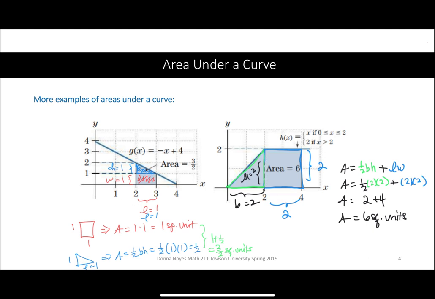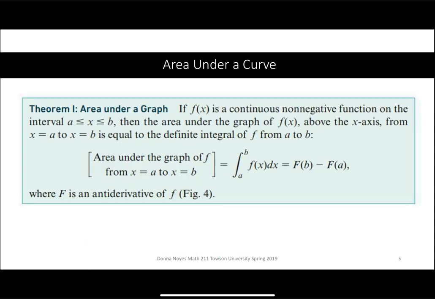And at this point, you're probably wondering why we're looking at areas of rectangles, areas of triangles. What is it we're trying to do? Well, that's what we're going to look at on the next slide. We have a theorem about the area under a curve, the area under a graph.